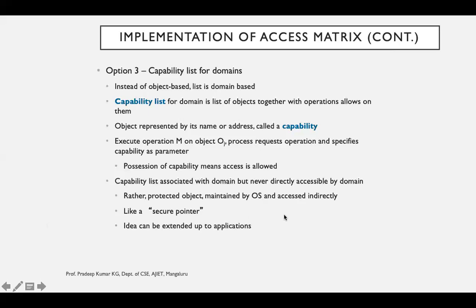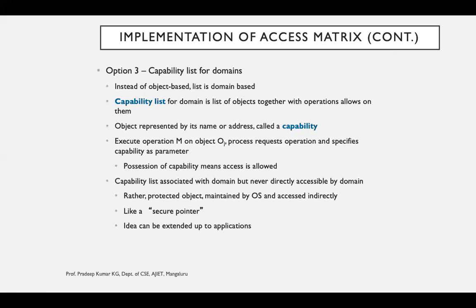Open that drive, go to programs, and you can see whatever applications you already installed in your machine. That is the list of applications you already installed, saying that you are given access to your C drive for all those applications. That is a capability list, if you take this as an example.